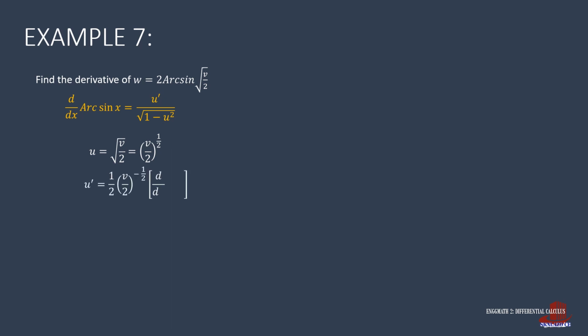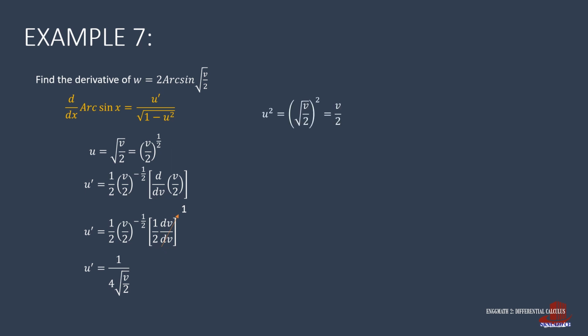U prime is taken as half of v all over 2 raised to negative 1/2 times the derivative of v all over 2, which is 1/2 times dv all over dv. So u prime is simplified as the reciprocal of 4 times the root of v all over 2. U squared is also taken as v all over 2.